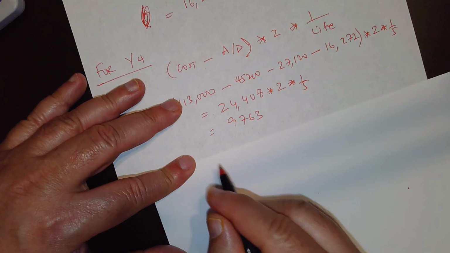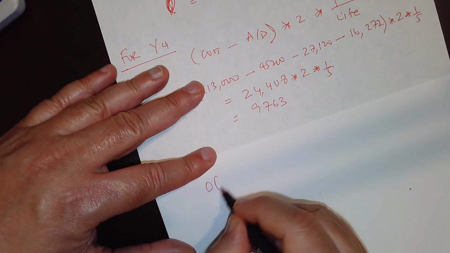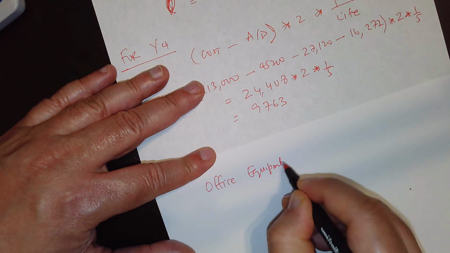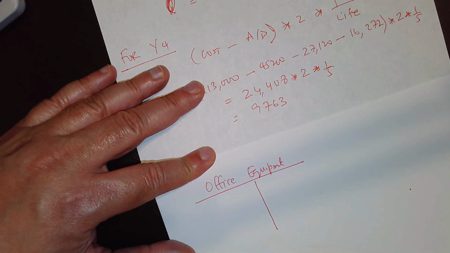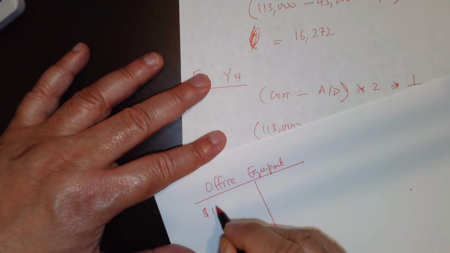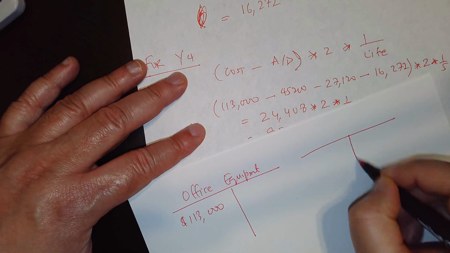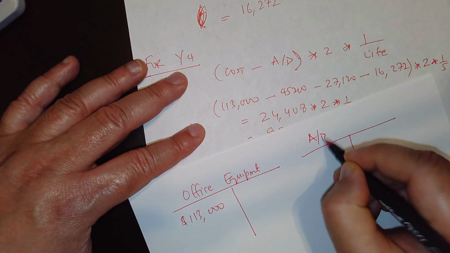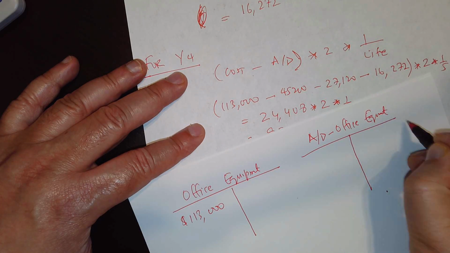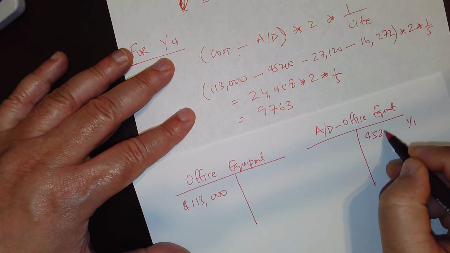If you have the office equipment, it would be listed on your balance sheet for $113,000, and right next to or right below you have an accumulated depreciation T account for office equipment. So for year 1, you have 45,200.